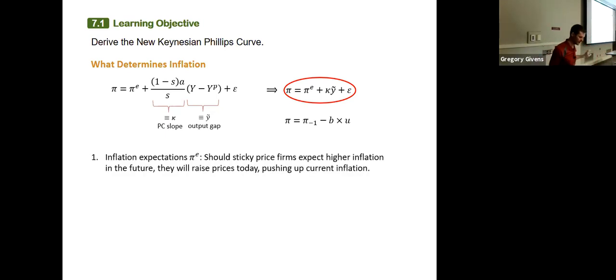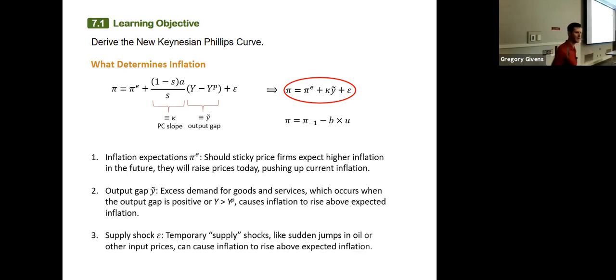So let me again emphasize the three ingredients of the New Keynesian Phillips curve. In this Phillips curve, what is driving actual inflation over time are three things. One would be inflation expectations.